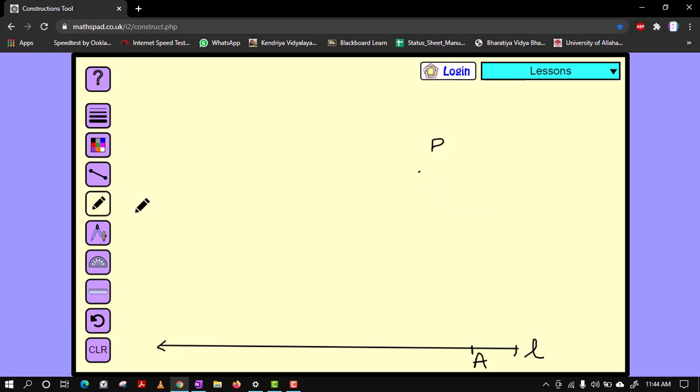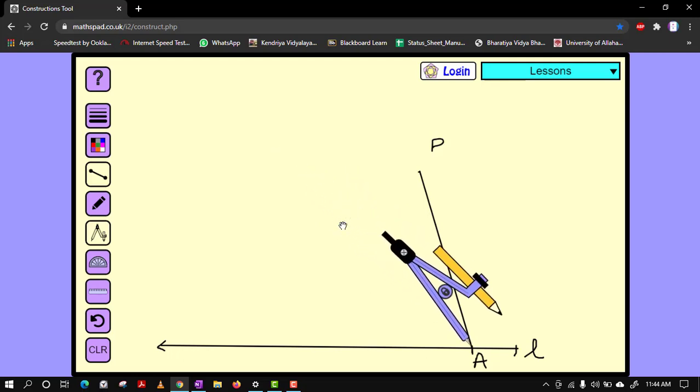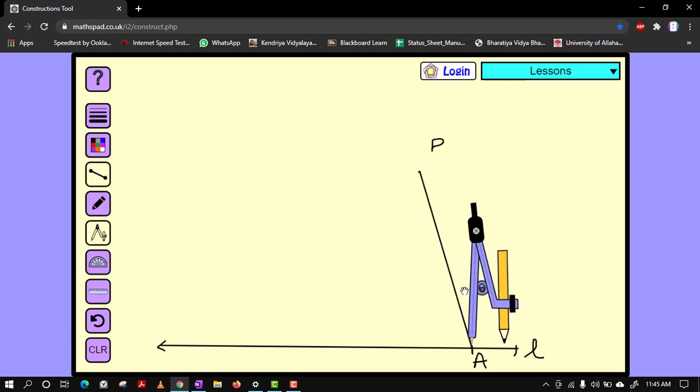We will join this P and A using scale like this. Now our job is to make the same alternate interior angle, and then we can obtain a line which is parallel to L. So let's draw an arc on this side.